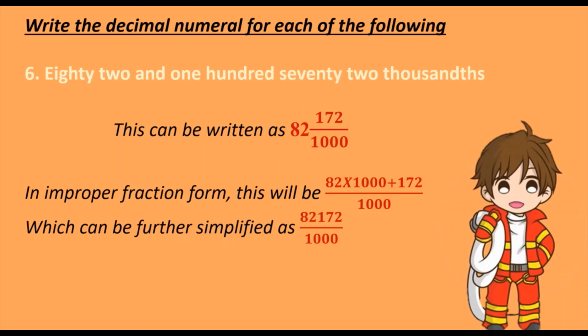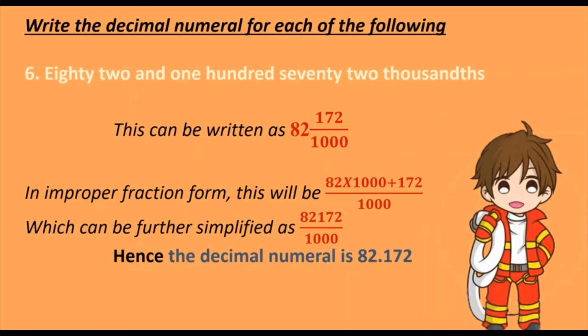Now, since 1000 has 3 zeros, we put a point after 3 places counting from the right and we get 82.172. So this is exercise 1.